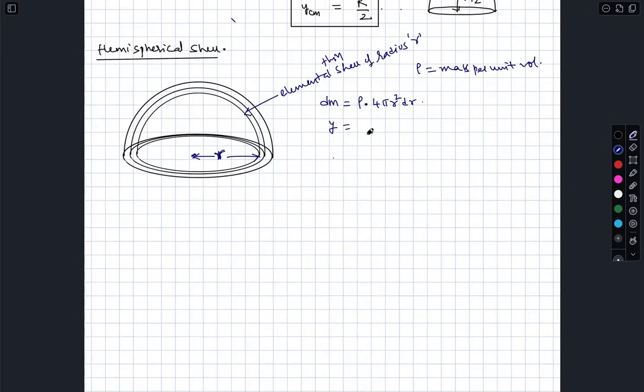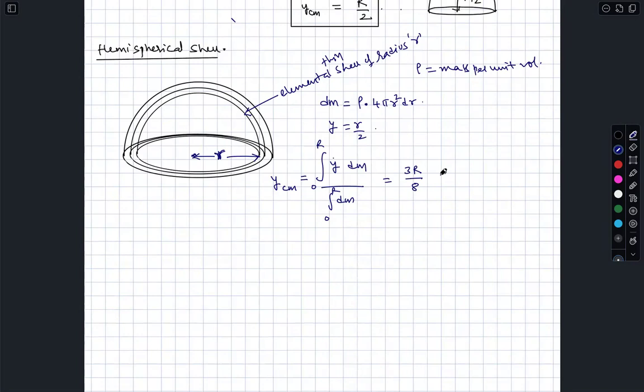Why? Here, for a shell of radius r, the center of mass is at r by 2. Same relation. Integral y dm by integral dm, 0 to capital R, which is YCM. By solving which, you will get this as 3R by 8.